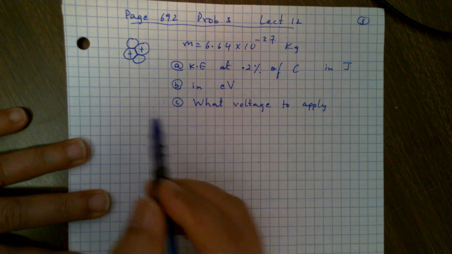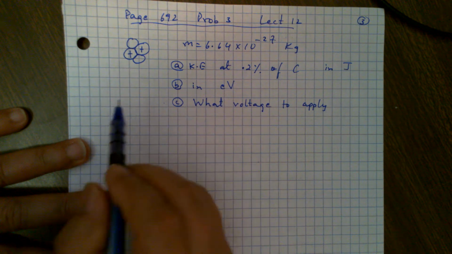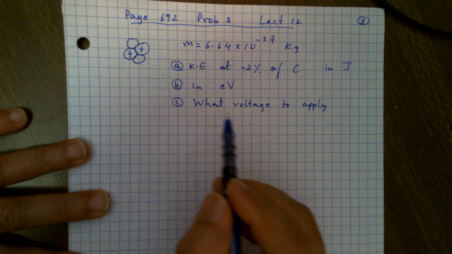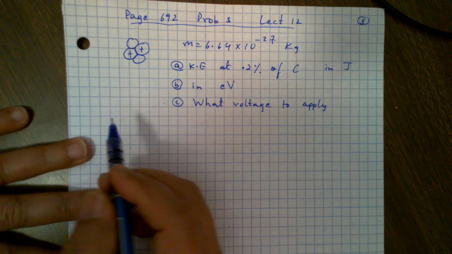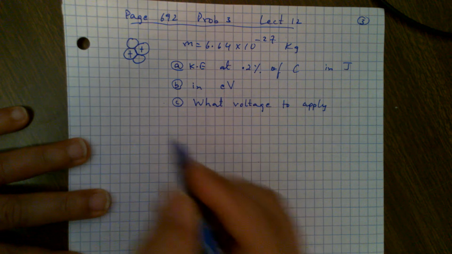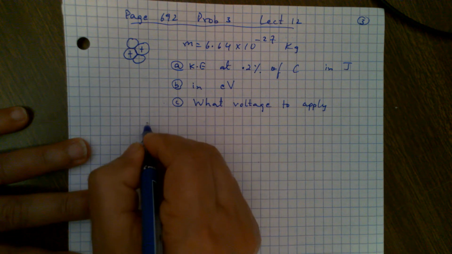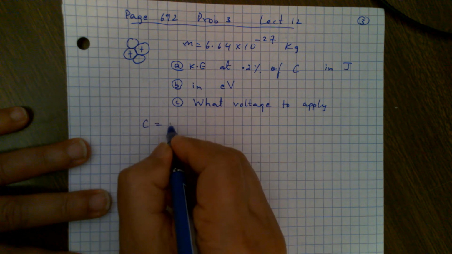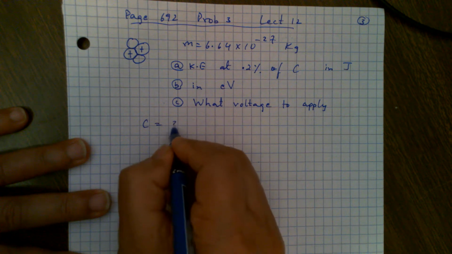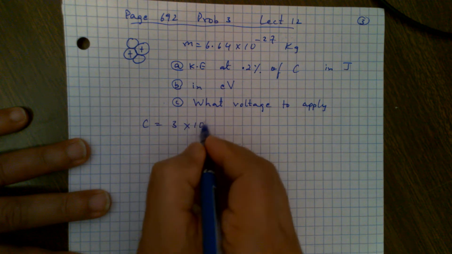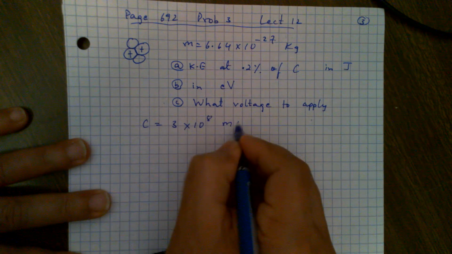And C is, in order to get that kinetic energy, the amount of voltage that you have to apply. Okay? So, first of all, we know the velocity of light c is actually 2.99 times 10 to the power 8, but I'll use 3 times 10 to the power 8 meters per second.